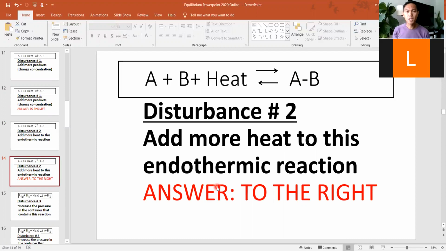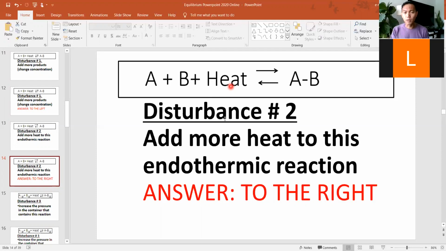So adding more heat, because the reaction is endothermic, meaning the word heat is on the reactant side. And I should point out, in the actual chemical reaction, the word heat doesn't show up. I'm including it here to help us make sense of this whole idea. Technically, it would be A plus B makes AB. That's all we're really going to see.